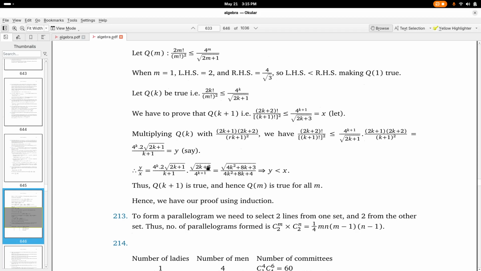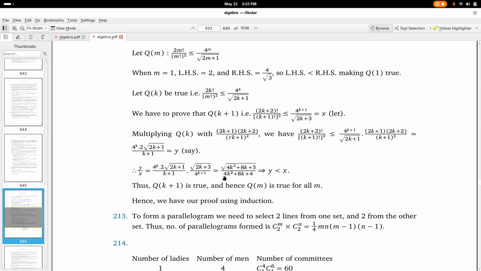This 2k plus 3 comes from this, okay? And 4k plus 1, fine. So 4k plus 1, when divided by 4k, so 4 into k plus 1, or rather 2 into k plus 1. 2 into k plus 1 is, or rather 2k plus 2.